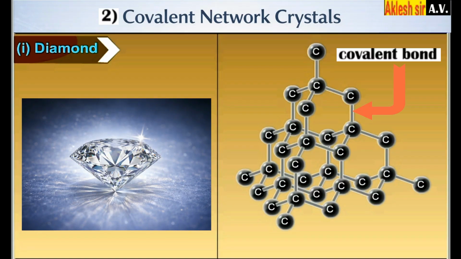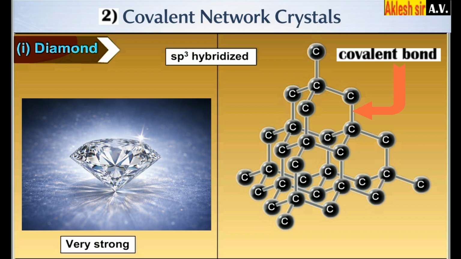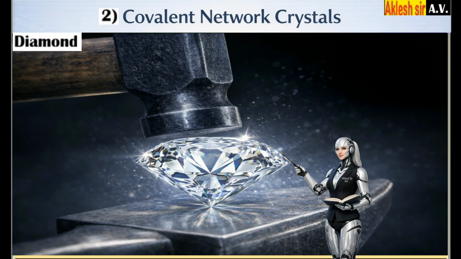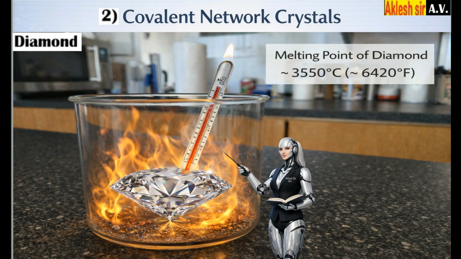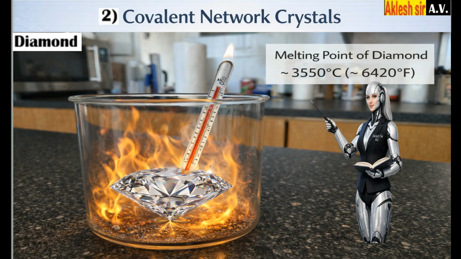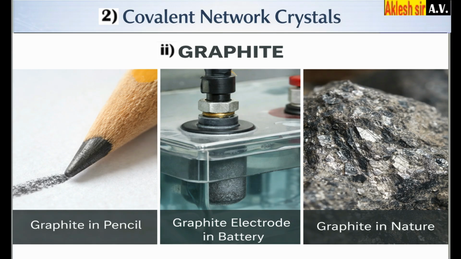The strong covalent bonds between sp3 hybridized carbon atoms make diamond a very strong and hard solid. It is in fact the hardest material, with a very high melting point of 3550 degrees Celsius.